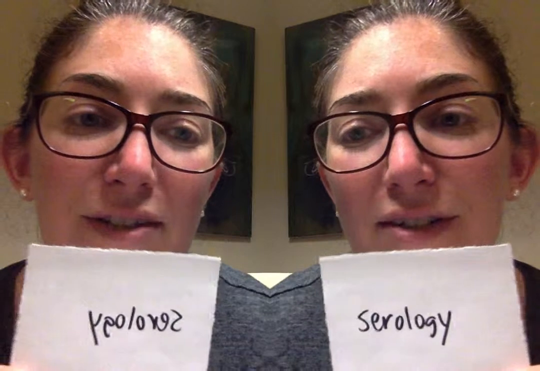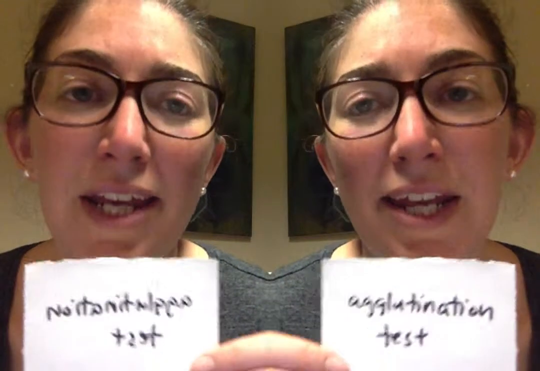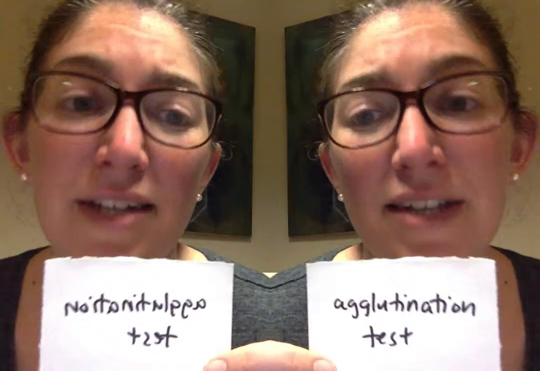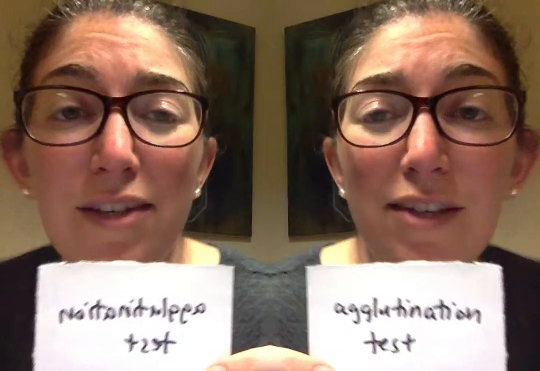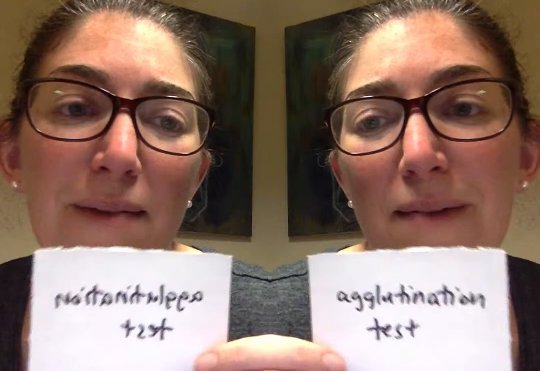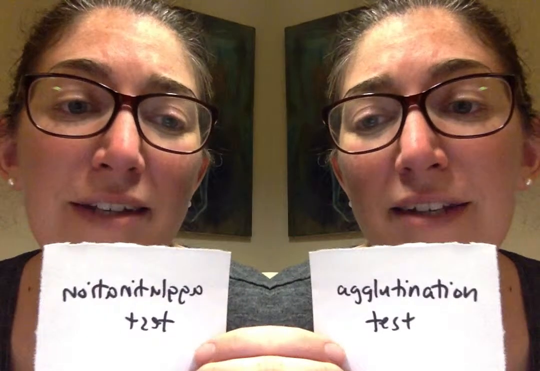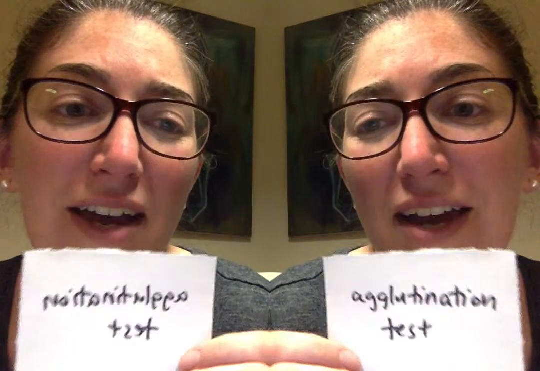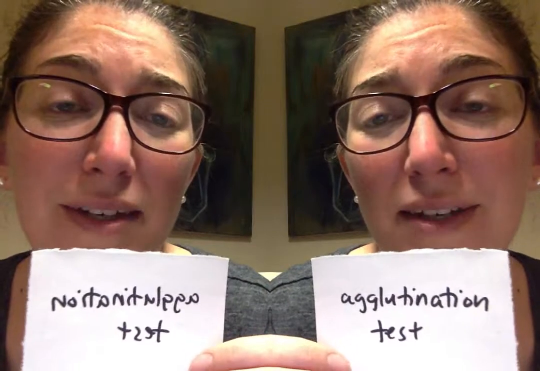Serology is the study of your serum, which is the portion of your blood that contains antibodies. There's a ton of different types of serological tests. They all involve looking for antibodies. An agglutination test is another test that is a type of serology test. It uses antibodies to test for certain antigens. So a common agglutination test is done when blood typing.